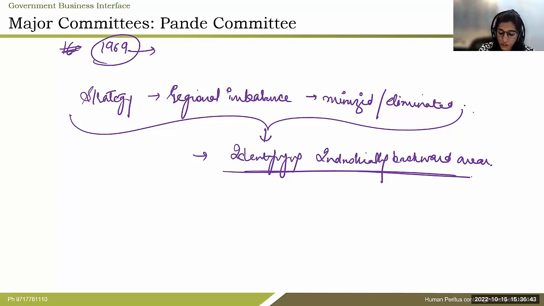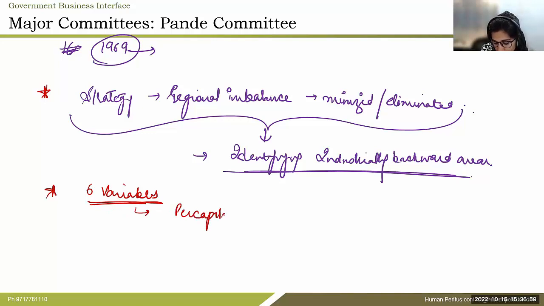So the committee gave 6 variables to identify the backward areas. What were these? Number 1, per capita income. In the initial slide, when I told you the various criteria, these were all from these kinds of committees.